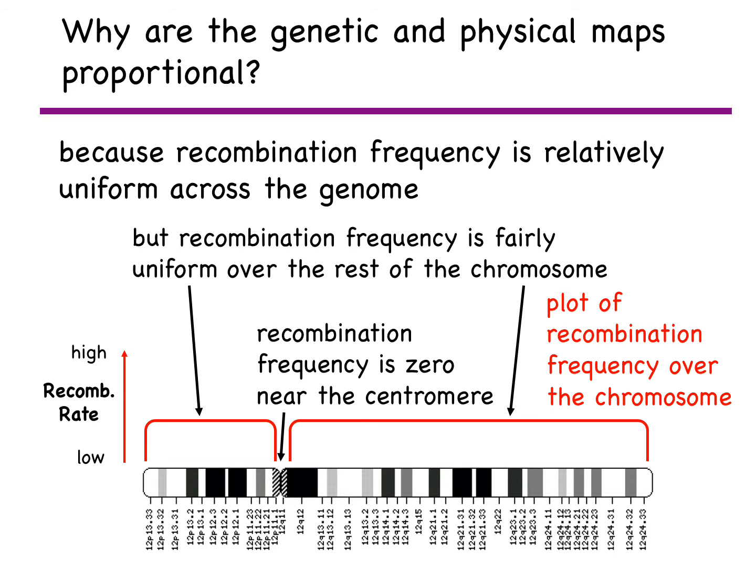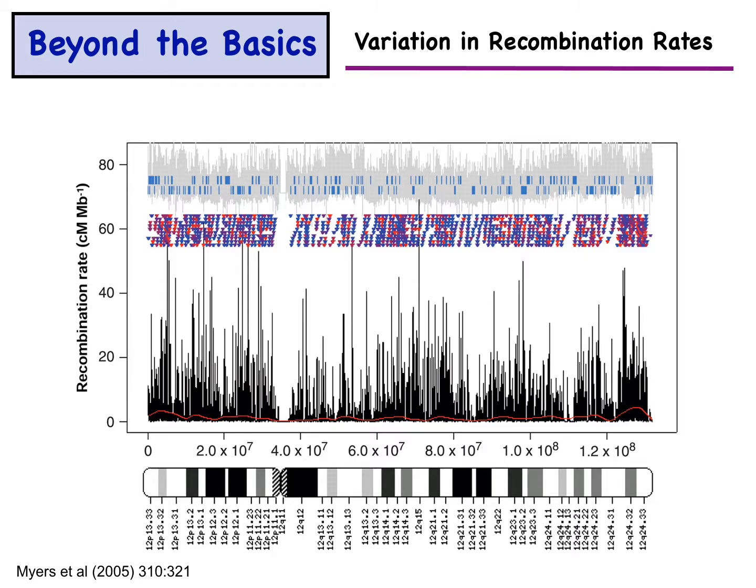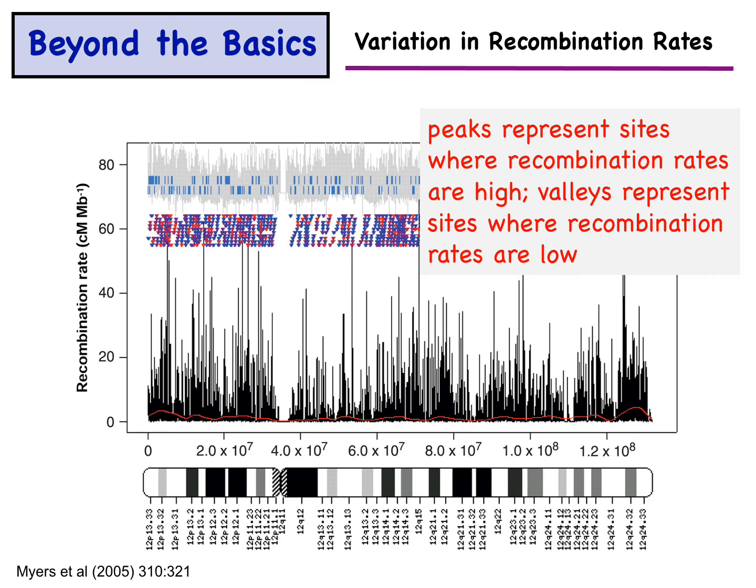Now, this is a little bit of an oversimplification of the true situation. What I'm telling you here is really true: it's fairly uniform over the chromosome. But if you look at it at a much finer level, over a very small sliding window, you'll find a picture that looks more like this, where you see peaks and valleys of recombination rate along the length of the chromosome.